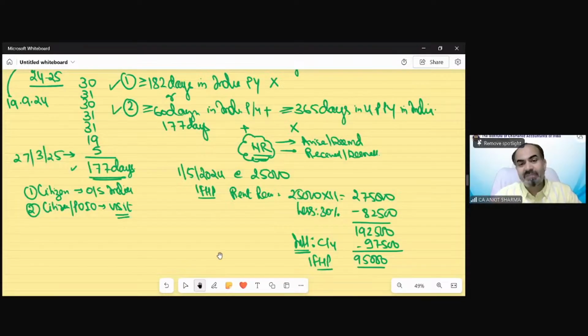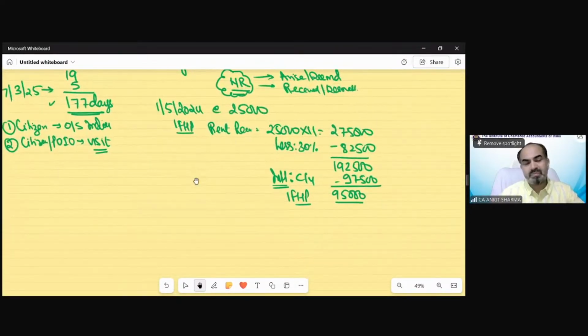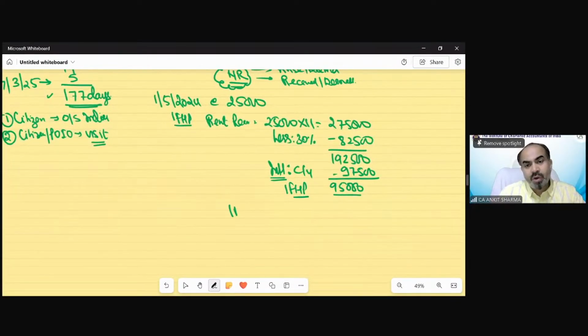Now she has received some gifts also. There were two gifts from her relatives. One is from her husband's parents and one is from her husband's sister. Those are not going to be taxable. Those are technically exempted.